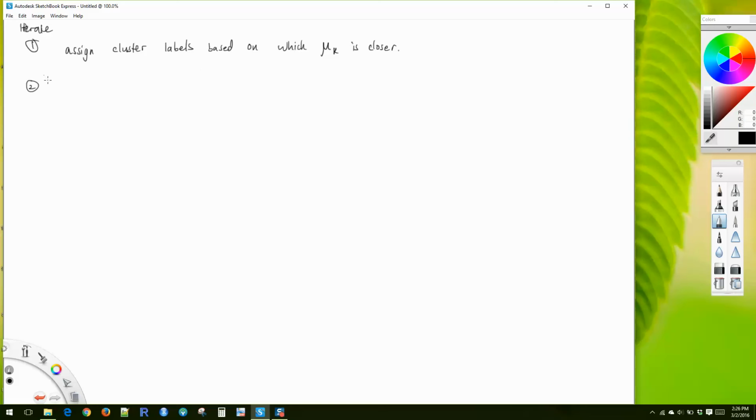And two is, now that we have cluster labels, update the locations of mu sub k.